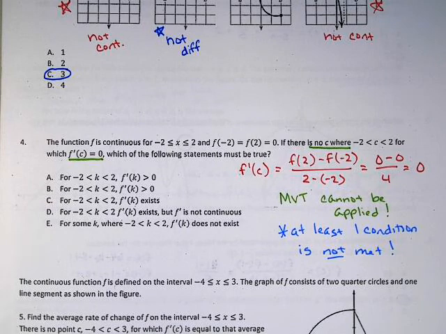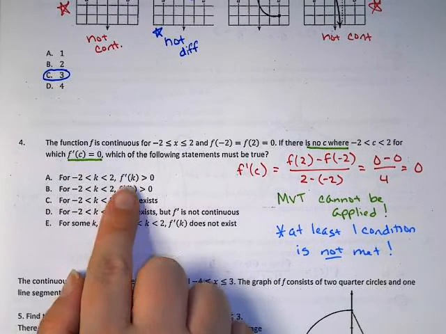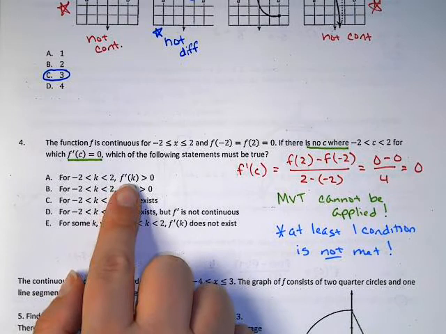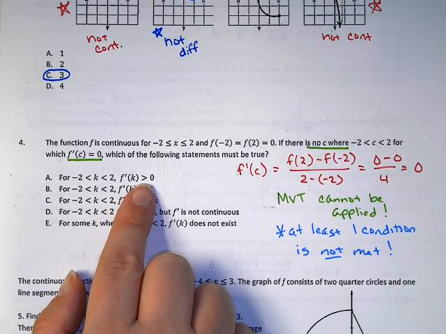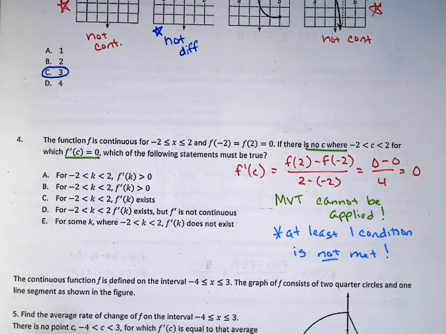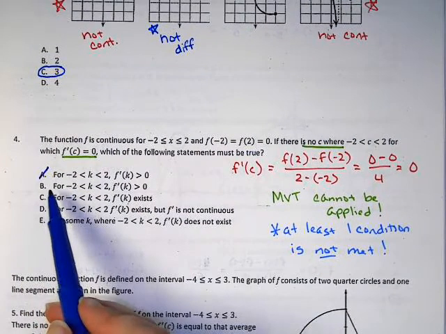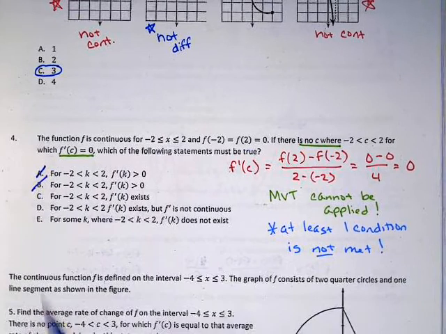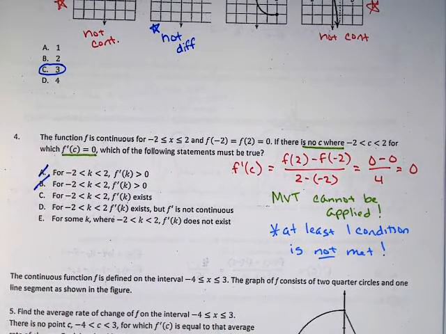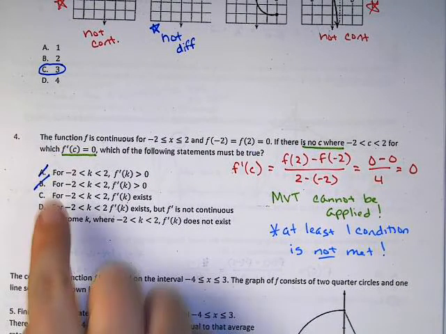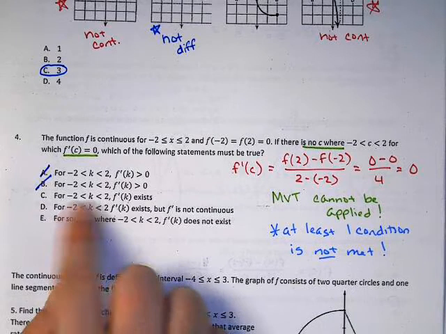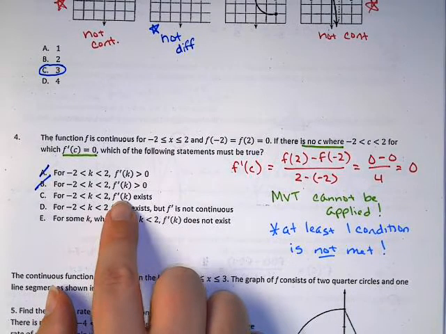So when we look at choice A, it's saying that between negative 2 and 2, f prime of k is greater than 0. Well, I don't really care if it's positive or negative. That doesn't matter to me at all, so that's definitely not an option. Choice B is actually the same as choice A, which means that's definitely not the correct answer. Choice C says that between negative 2 and 2, f prime of k exists.